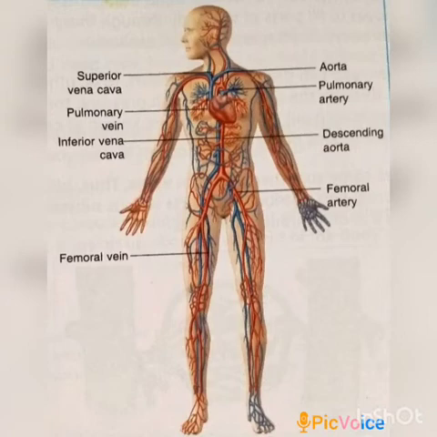A valve is also there which divides each side into two chambers, an upper atrium and a lower ventricle. That means the heart has four chambers, the upper two known as atria and the lower two known as ventricles. Atrium is also known as auricle.